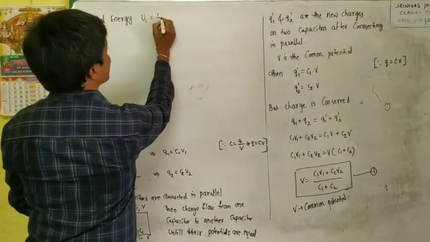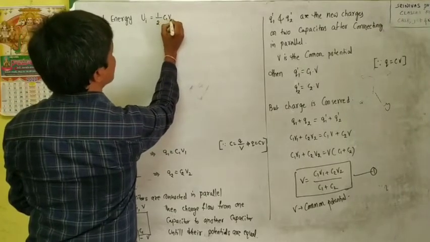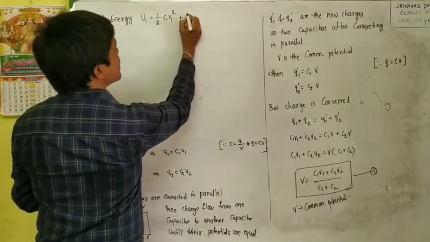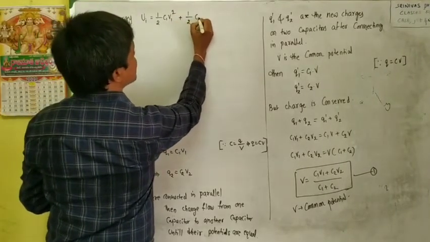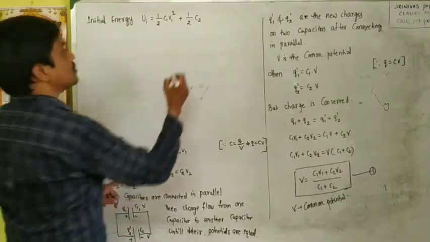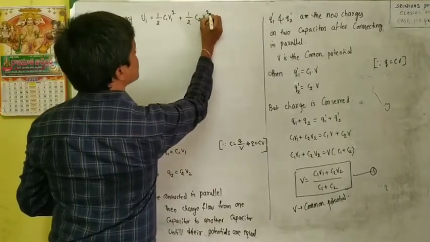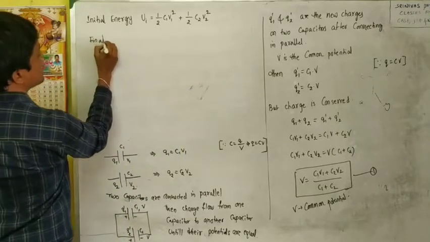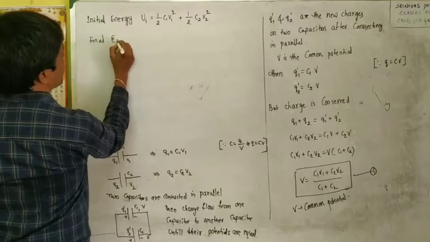Before connecting, the energy stored is half C1 V1 square, plus the energy stored on the second capacitor with capacitance C2 and potential V2, half C2 V2 square. And now we can write the final energy.